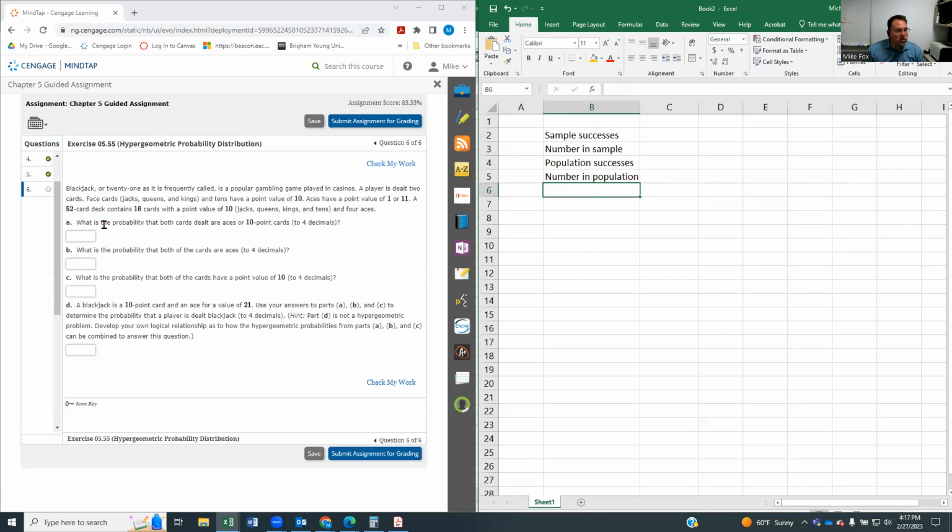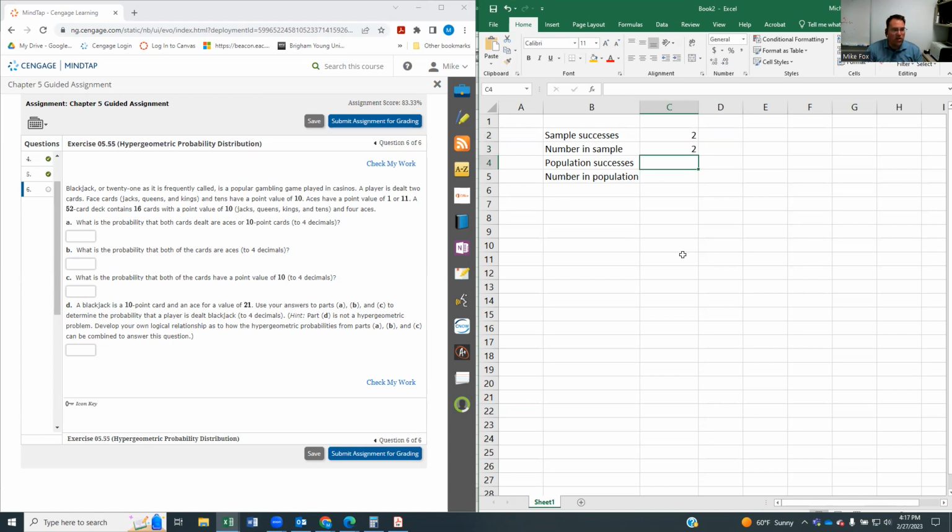So the first question is, what is the probability that both cards dealt are aces or 10-point cards? And remember, we have 16 10-point cards and 4 aces. So we would say the number of successes, we're drawing 2 cards. And if the probability that they're either 10-point cards or aces, we're saying we want 2 successes out of a sample of 2, as we're drawing 2 cards and we want both of those cards to be successes.